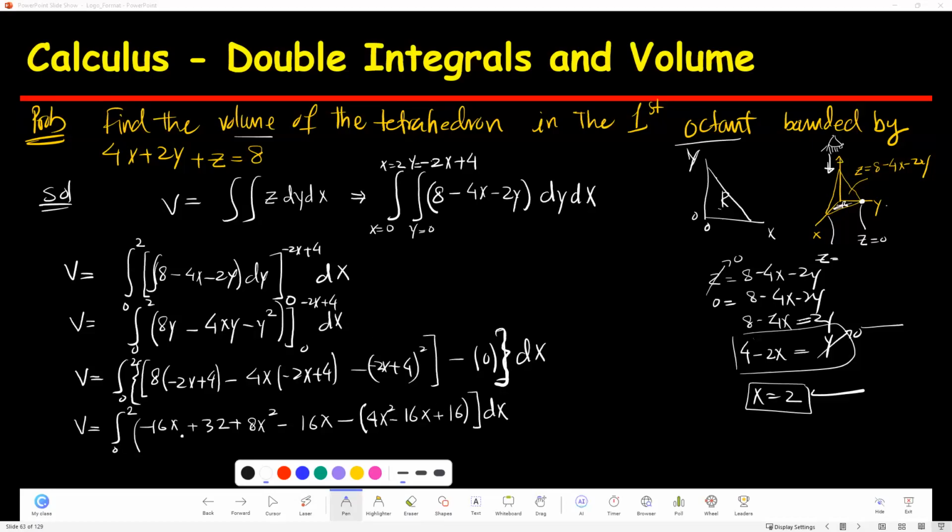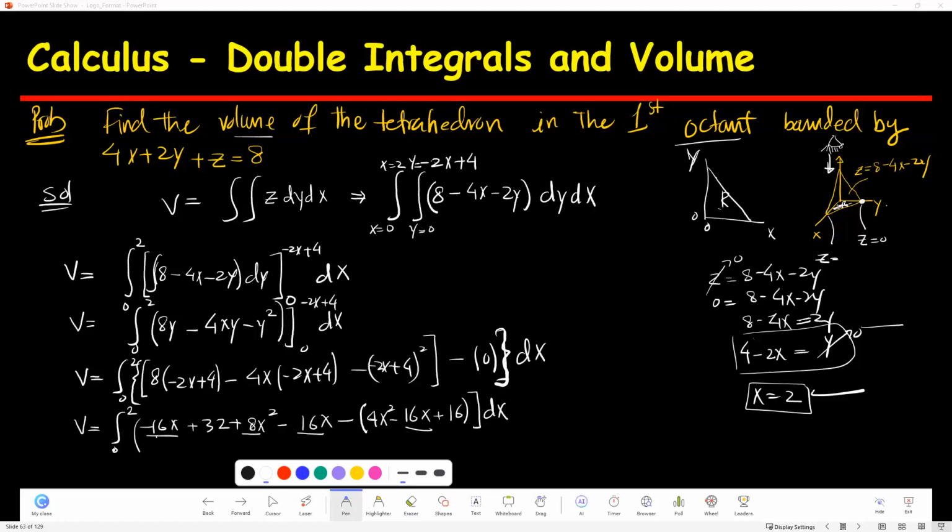Okay, let's try to simplify it if we can. So 16 here, 16 here, so I think we can cancel out this guy and this guy, plus and minus can cancel out. This 16x, and is there any other x term? Yeah, these two x terms can be added together probably, and this 8x squared and this 4x squared can be added together as well.